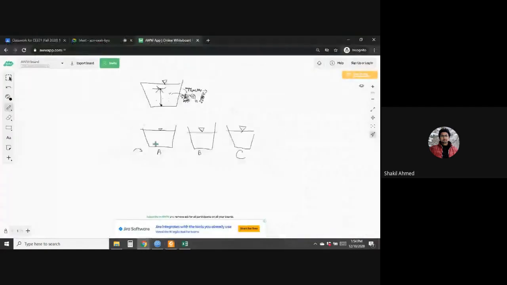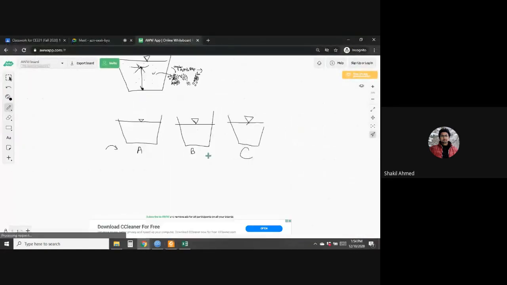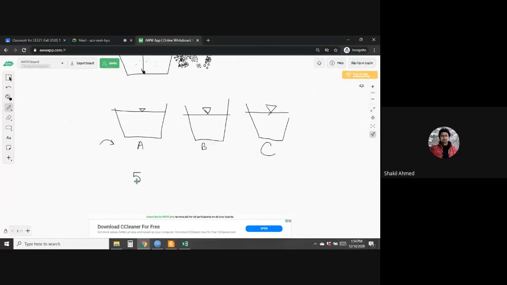Remember that for this sample A, your optimum coagulant dose is 5. Now, if you give 4, less than 5, then it's a problem. Again, if you give more than 5, for example 7, then it's also a problem.